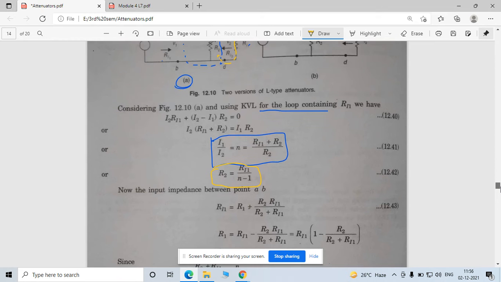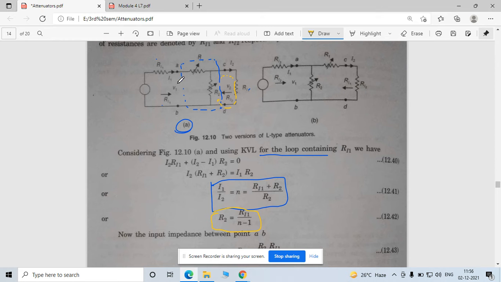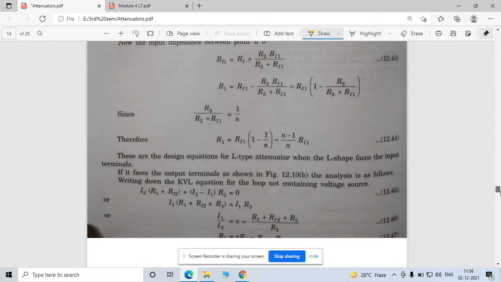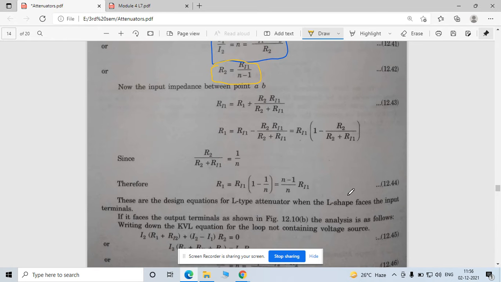Okay, this is nothing but your Ri1. Simple, take the series and parallel combination of that, you will get this Ri1. Now in the same way, this is for the L network facing the input side terminal. So this is the standard equation for that.